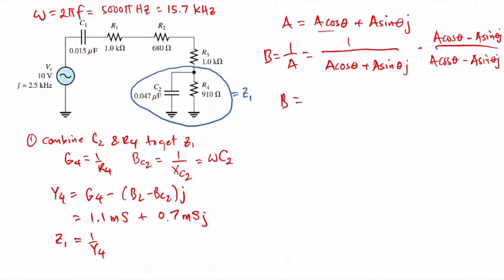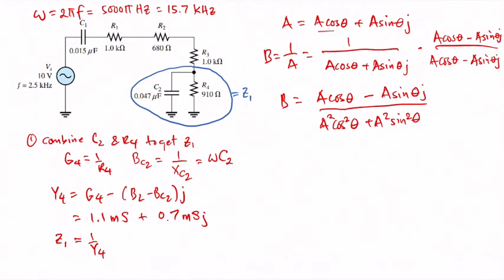The numerator becomes a cosine theta minus a sine theta j, everything divided by a squared cosine squared theta plus a squared sine squared theta. And it's a plus sign here because j squared, as we know, is -1. So we factor out the a squared in the denominator.